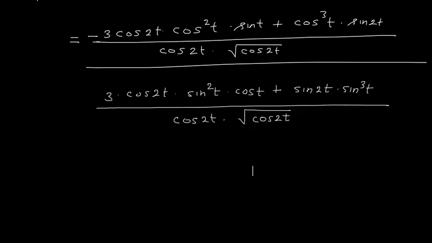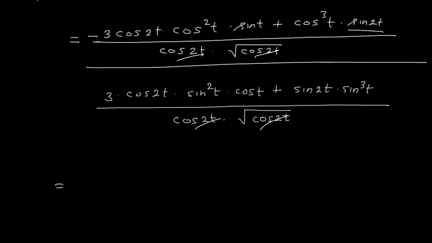Okay, so this denominator part cancels, cos 2t cancels, root cancels. What I will do is convert sin 2t into sin t cos t. So let us first convert that part: sin 2t, write it as 2 sin t cos t.